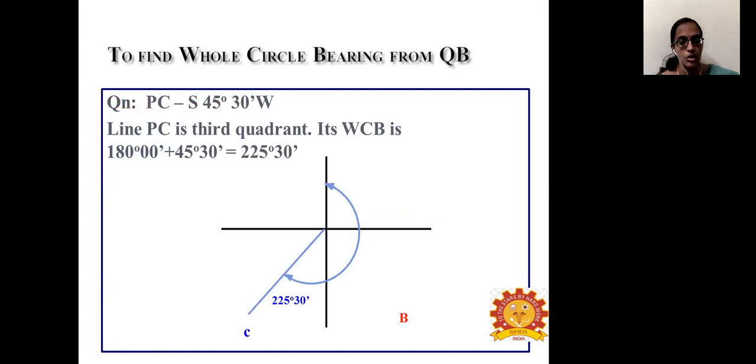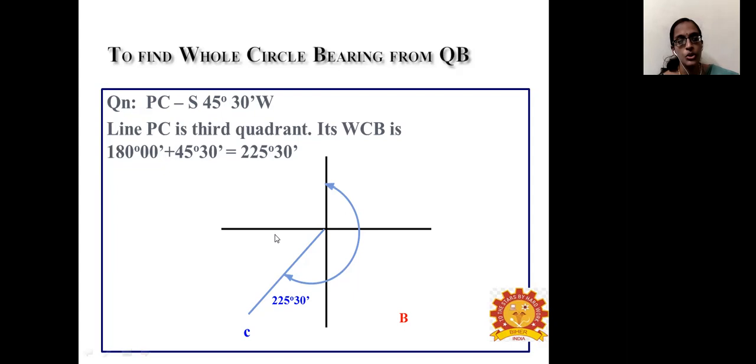So similarly, we have to find. This is the way you have to find the quadrant bearing system. And they have mentioned here around 270 degree. So the whole circle bearing is 270 degree. It lies in the third quadrant.